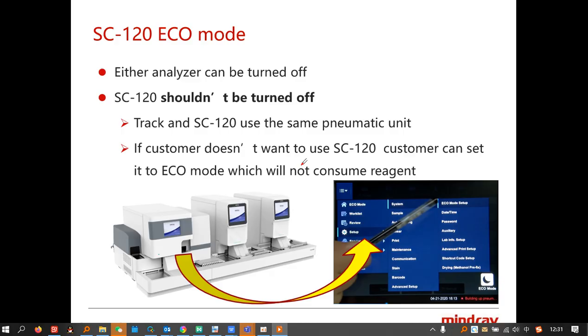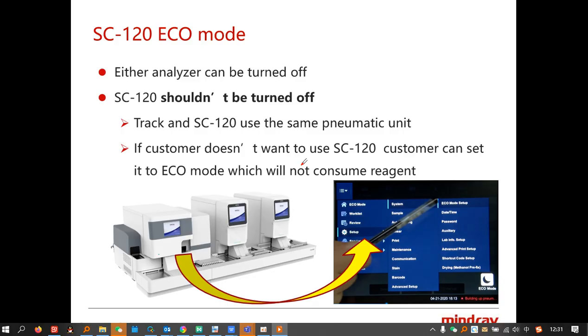And for the KEL 6000 version 1, because the SC120's main control board controls the autoloader and the dual buffer track unit, we can power off the SC. And of course, it also controls the pneumatic unit.